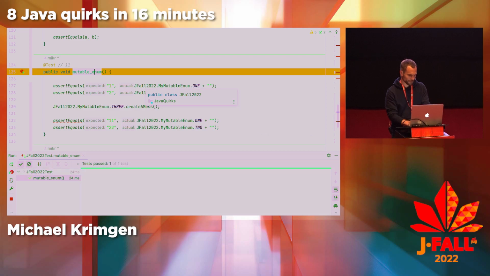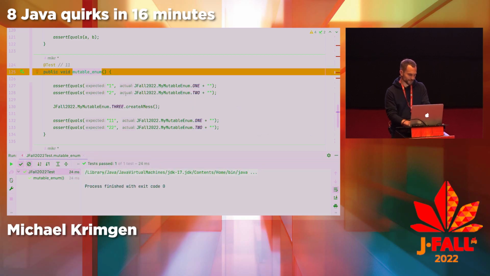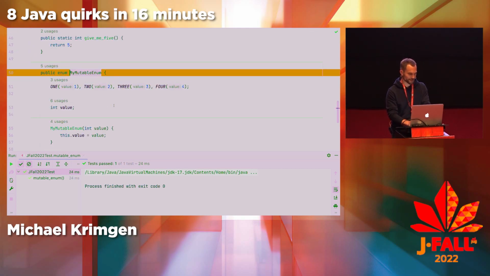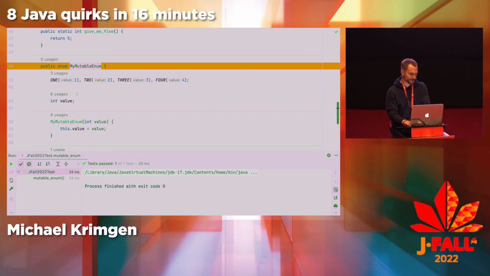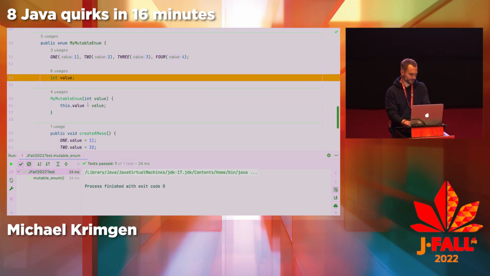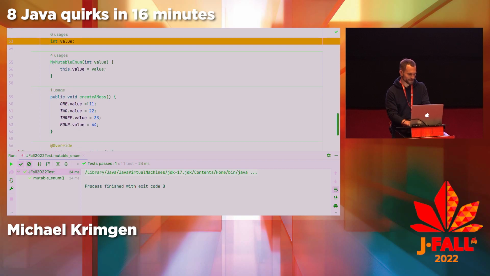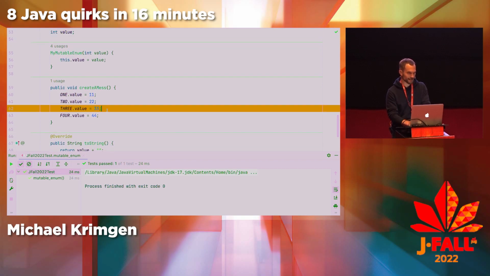Because what I think many people don't really think about is that an enum is basically a simple class. It can have constructors, it can have members, and you can have a simple method on it that messes up every single value in there with one call.